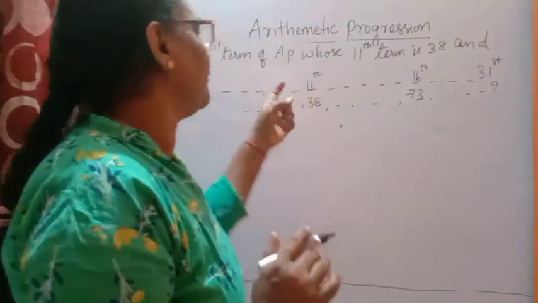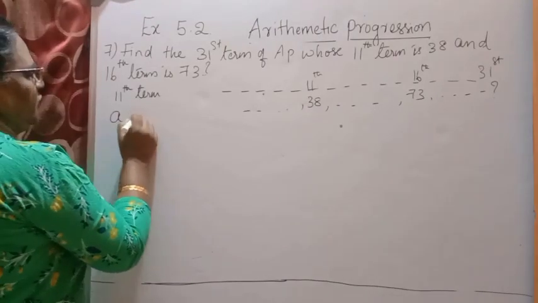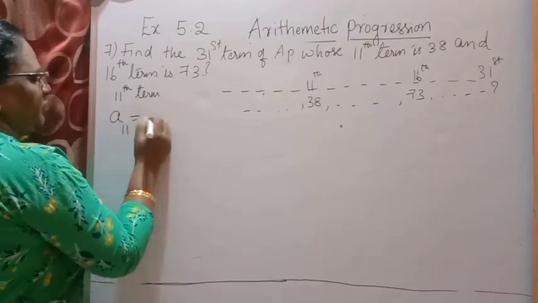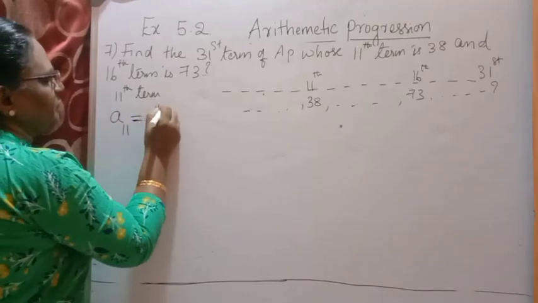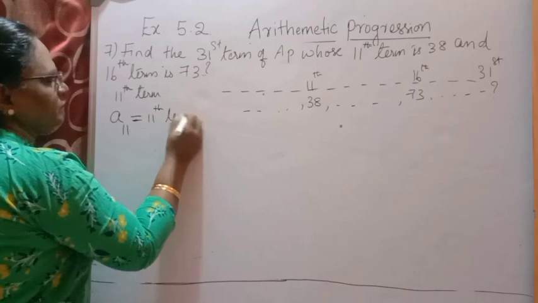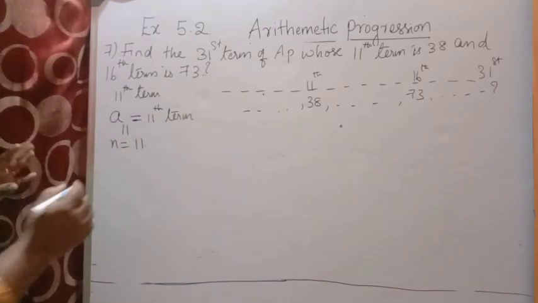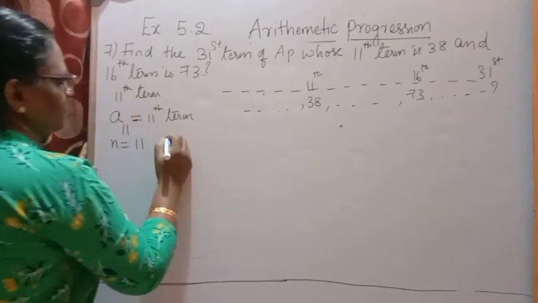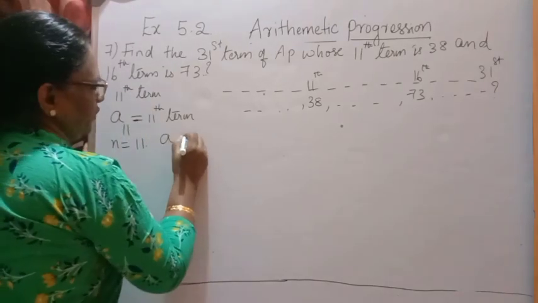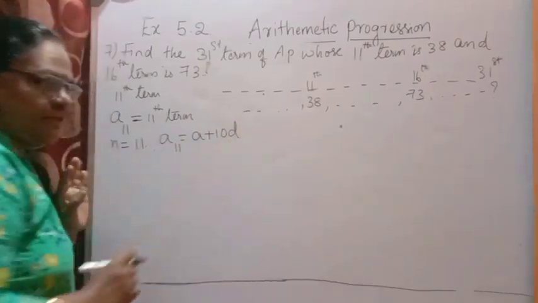Here A11 means the 11th term, so n is equal to 11. We don't know A, we don't know D also, is it not? We know that A11 is equal to A plus 10D, is it not?